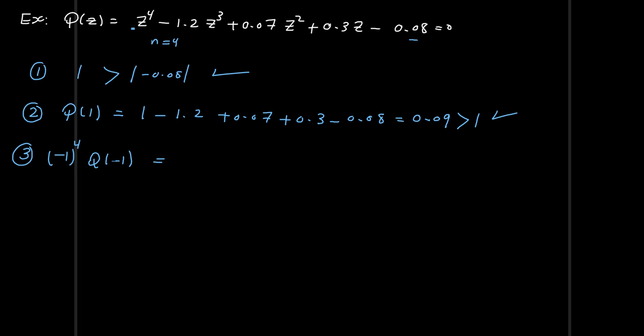Minus 1 to the power 4 is 1, q of minus 1 here is 1, plus 1.2, plus 0.07, minus 0.3, minus 0.08, which, if we do the math, will equal 1.89. This is greater than 0, so the third condition is also satisfied. So we need now to build the Joule table.